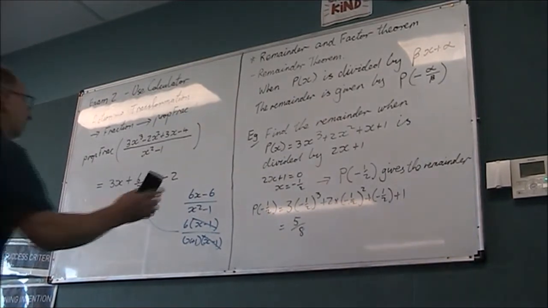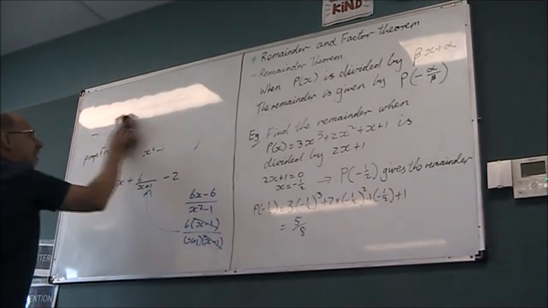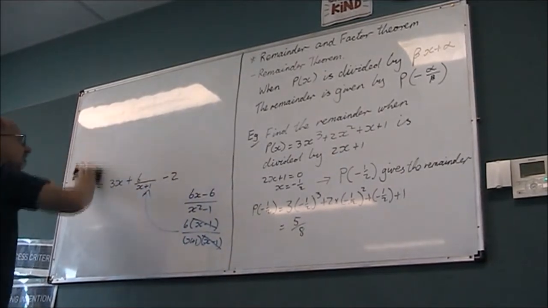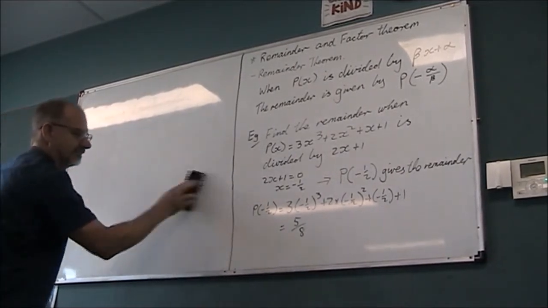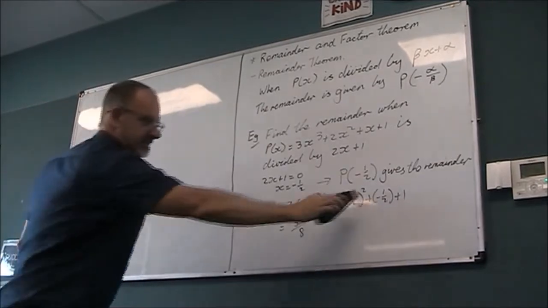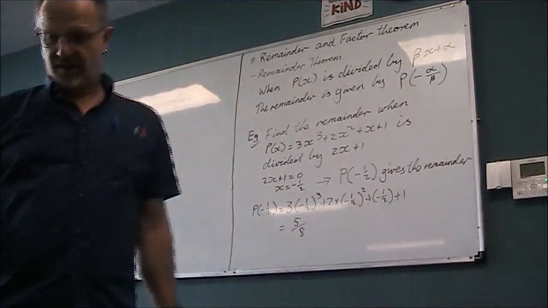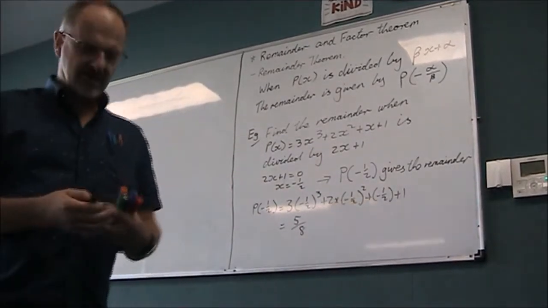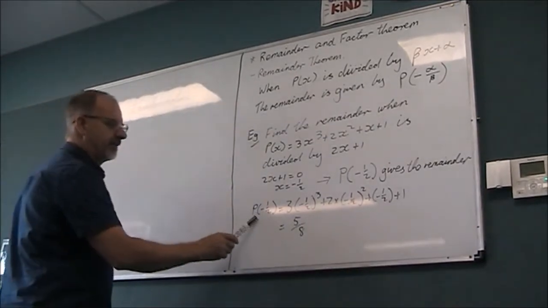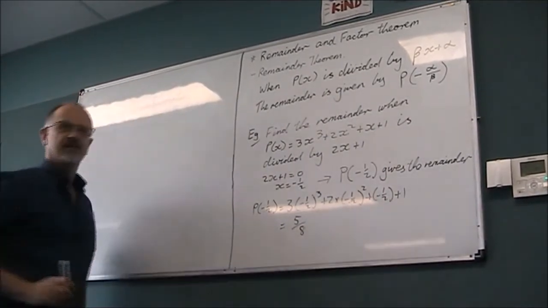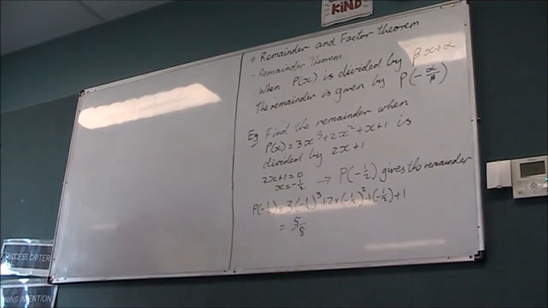Because if we're going to do long division or synthetic division, we're going to end up with some fractions in there, quite clearly. Now, if I had got 0 as that answer, what could you tell me? Not much about the remainder.